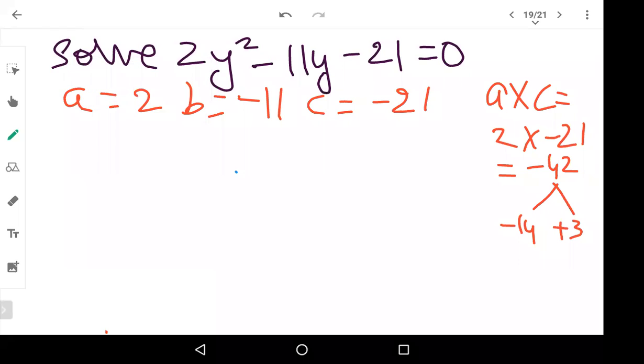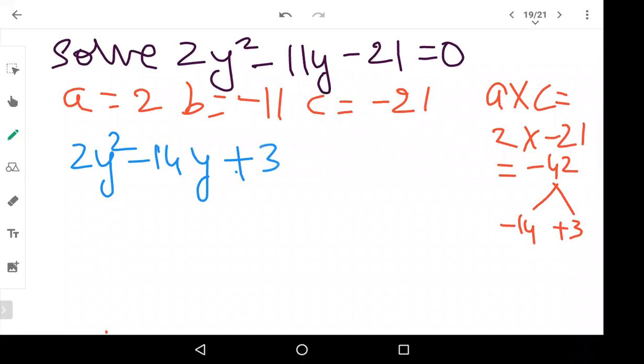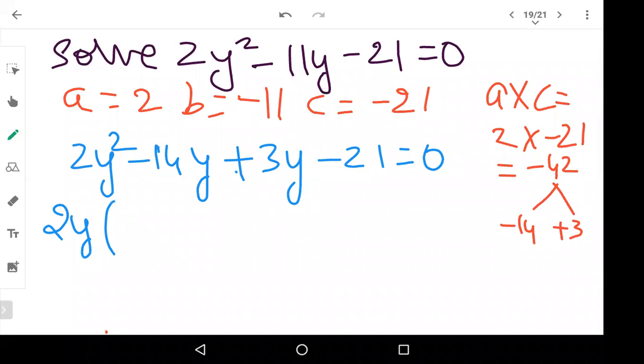So you will have 2y square minus 14y plus 3y minus 21 is equal to 0. So what can I take as common? I can take 2y as common. Y minus 7 will be there. Then again here also y minus 7 I want.